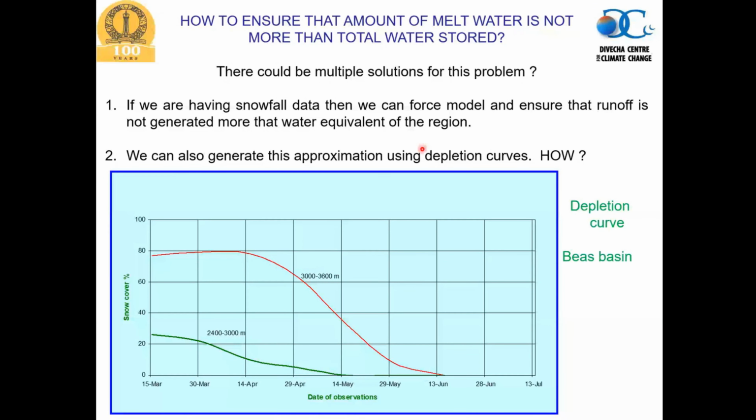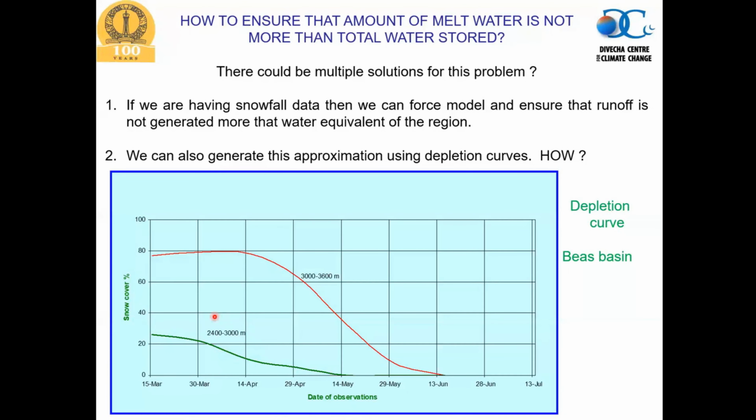You can see here the snow cover in various altitude zones, in the Beas Basin, from March to July. This is a snow depletion curve, showing how snow is changing with time from 15 March onward to 15th May.